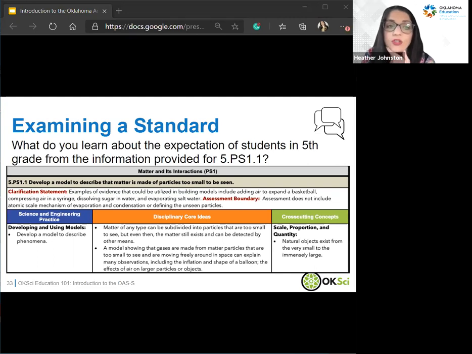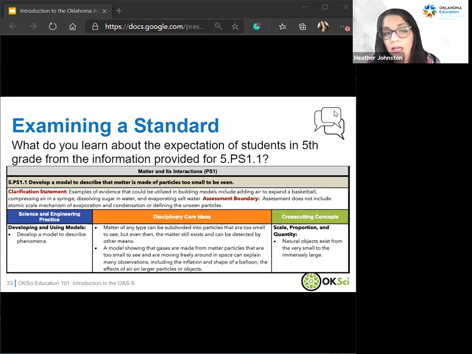So when you get started and you're approaching this 3-dimensional science teaching and learning, you've really got to look at your standard and look at what the expectations of students are for that particular standard. And you can see a little chat box here up in the right-hand corner. So I would love to hear some of your thoughts.